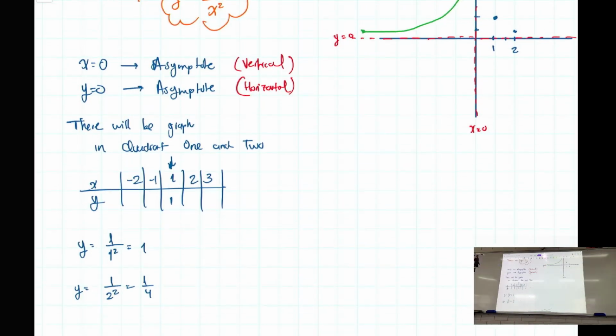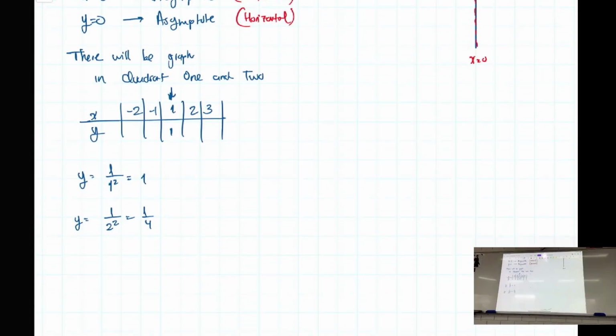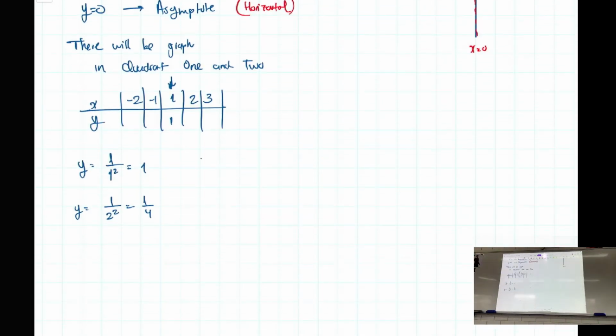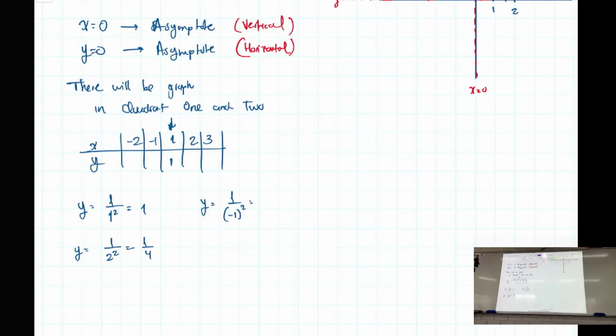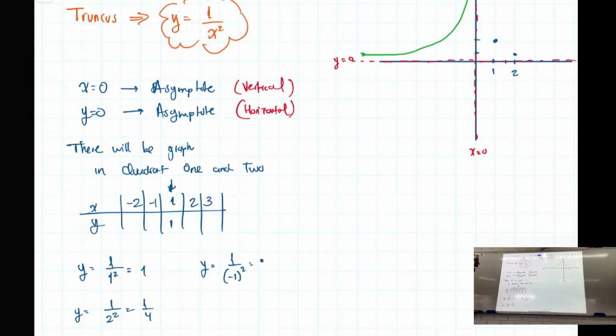Now, what happens when it's a very small number? What happens if now y equals 1 over minus 1 squared? What's minus 1 squared? 1. So here is what it comes to. With minus 1, I will have basically a reflection of the graph mirrored by that vertical asymptote, right?